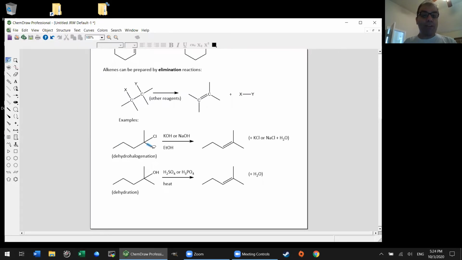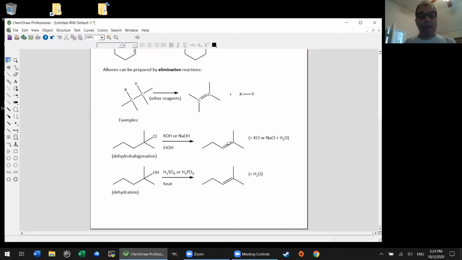But we will treat an alkyl halide of this type with some strong base. It doesn't have to be hydroxide. If it is hydroxide, the hydroxide ion is normally provided as the potassium or sodium salt in a nice polar solvent like maybe ethanol, though others would work too. And the major organic product here would be this alkene.